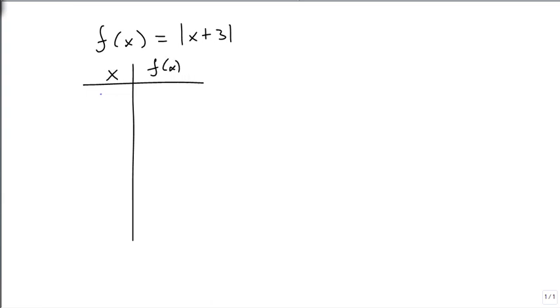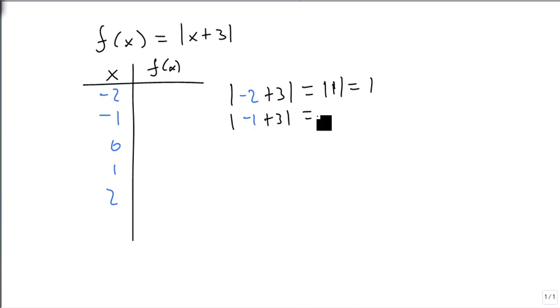So now when I pick my values, -2, -1, 0, 1, and 2, I'm going to get -2 plus 3, which is 1, the absolute value of 1, which is 1. And I'm going to get -1 plus 3, which is the absolute value of 2, which is 2. And if you notice, each time we can use our slope idea, because it's always getting bigger at the same rate.